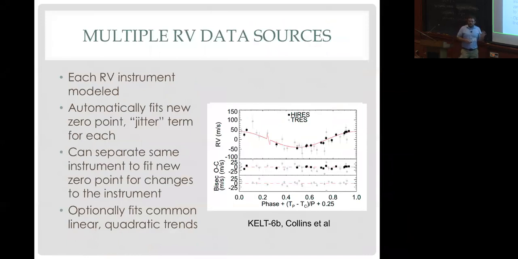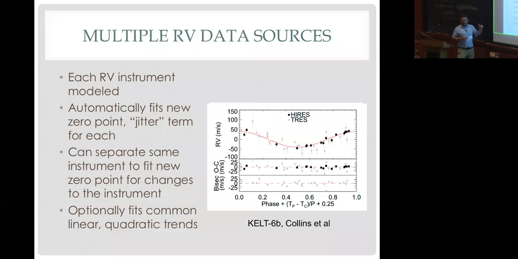I mentioned earlier that the original version of EXOFAST could only do one radial velocity instrument. Now you can do an arbitrary number of radial velocity instruments. Each new instrument is now modeled with its own 0 point, so it can be offset arbitrarily, and that's a fit offset, and it also has its own jitter term. Oftentimes you have a stellar jitter or an instrumental jitter that you fit to make sure that the chi-square per degree of freedom is 1 effectively.